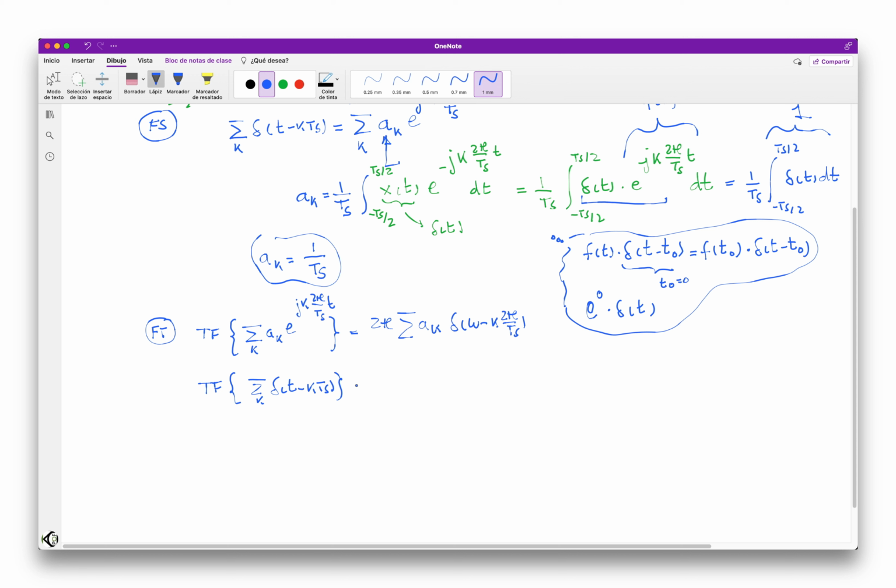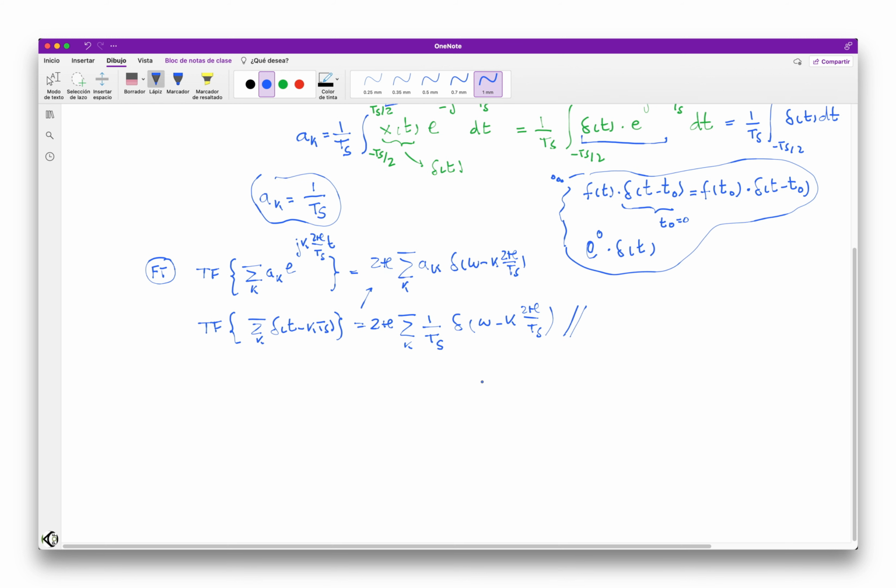So applying this formula over here, it will be 2 pi summation over k of a_k, which is always the same coefficient, 1 divided by Ts, delta of omega minus k 2 pi divided by Ts. Okay, so this is the result. This is the Fourier transform of a train of deltas.